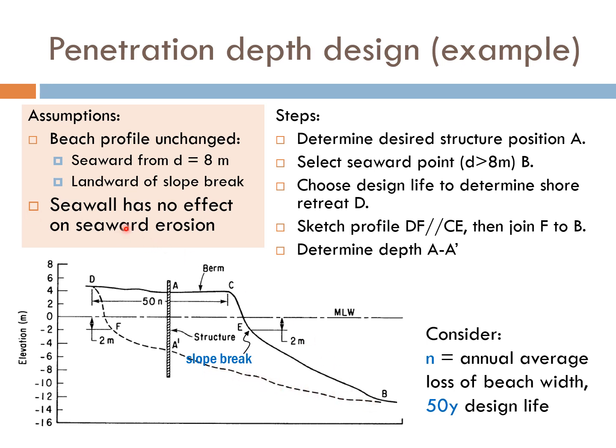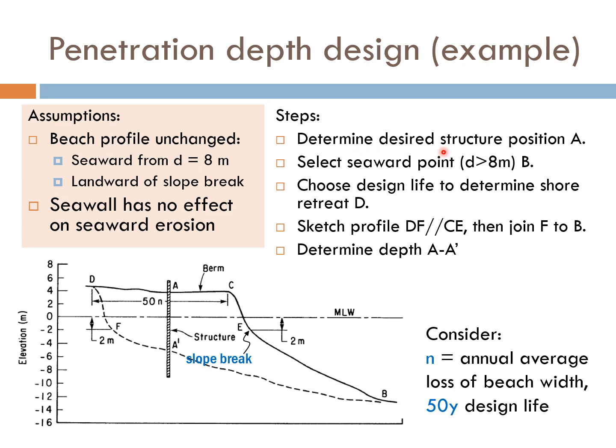By installing a seawall, we also note that the seawall has no effect on the erosion on the seaward side. So the steps of the design are as described here in this list, and we will be referring mainly to this figure.